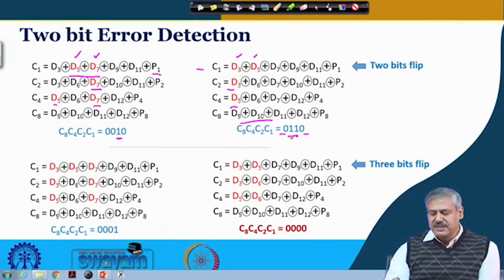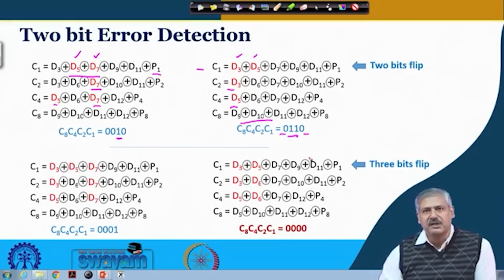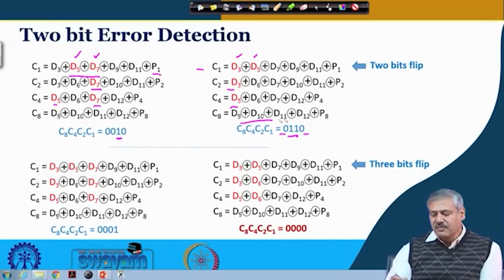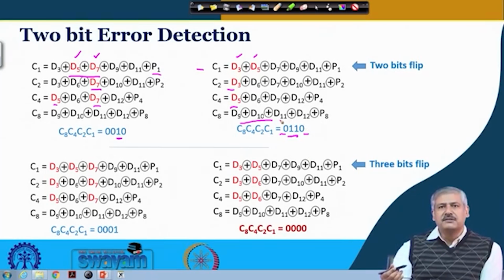Again, because of C2, C8 to C1 is not all 0. So, error is detected. If there are 2 bits erroneous, definitely we can see that it will be detected, as the final C8 to C1 will not be all 0.